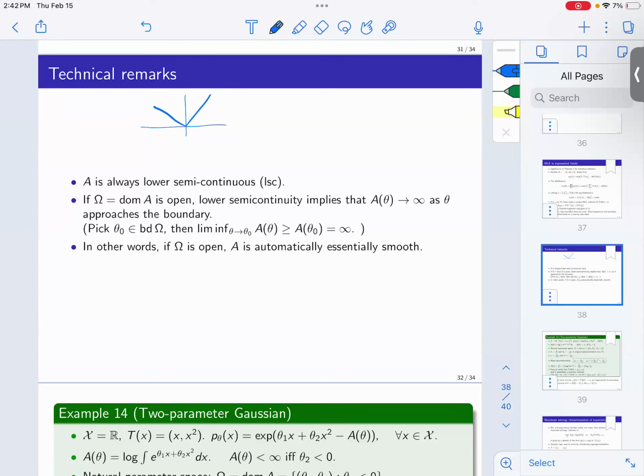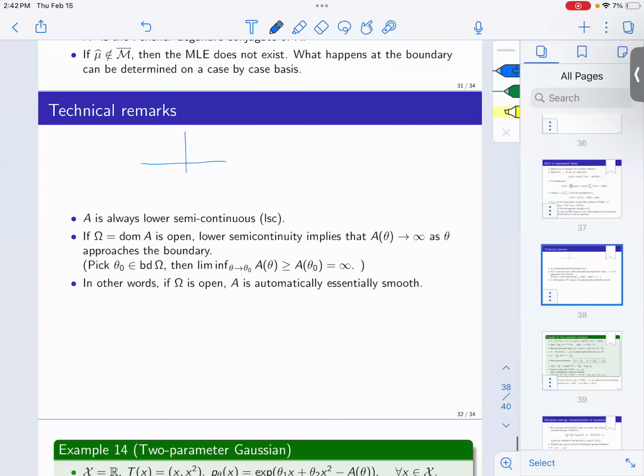I want something which is strictly convex, but doesn't achieve its minimum. It's like convex, but then at the minimum, it's like a straight line. This is not strictly convex, because of the flat part.